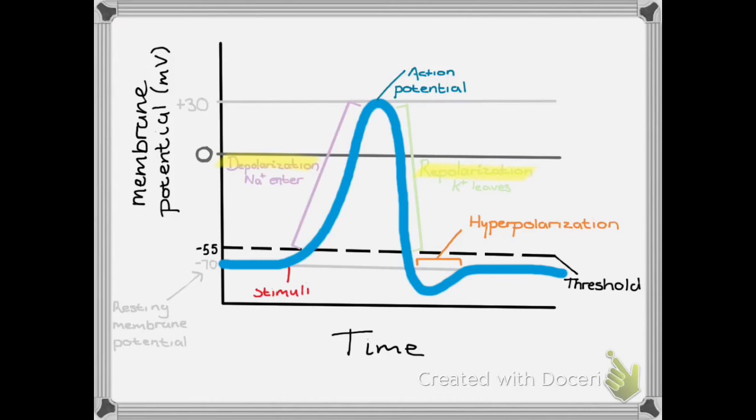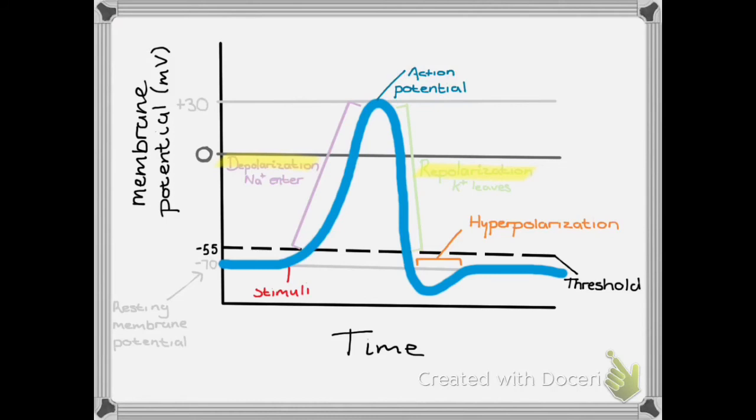This is called repolarization. But sometimes these ions can move in a bit too quickly and a bit too many. This causes the inside of the membrane to actually drop below minus 70, and this is called hyperpolarization.